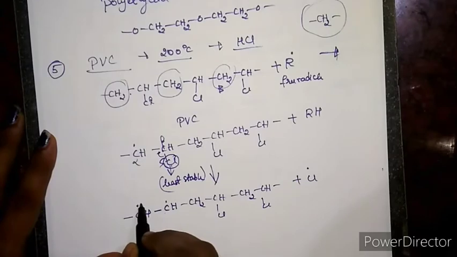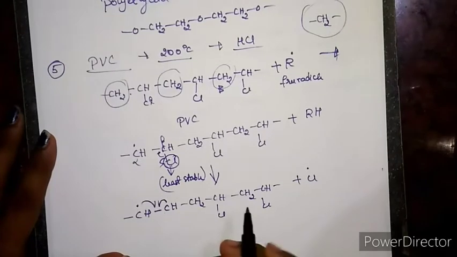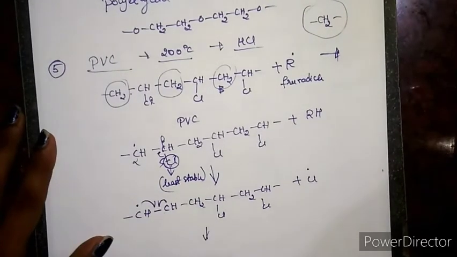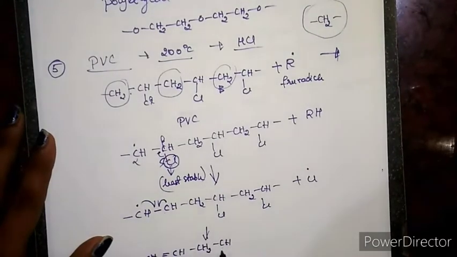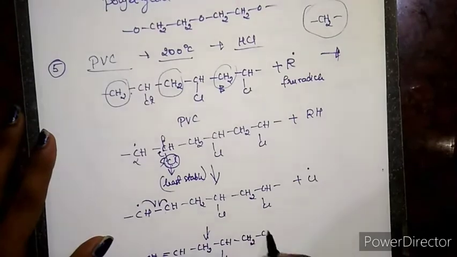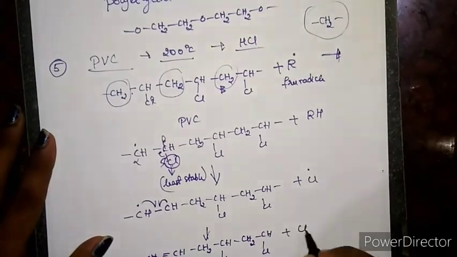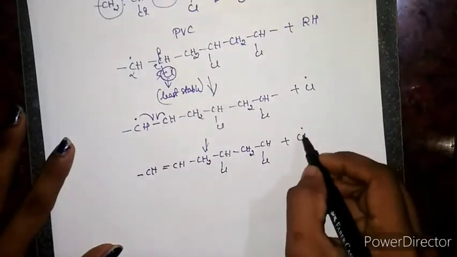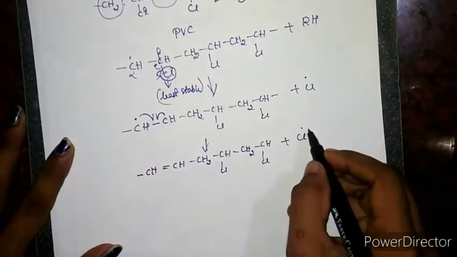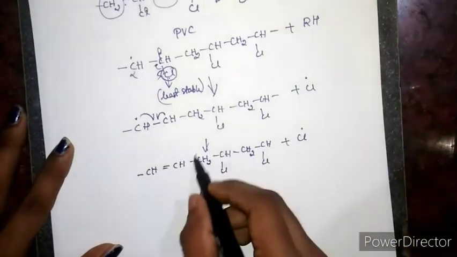Now what happened? This free radical and this free radical combine to give the double bond. CH, double bond CH, CH2, CH, Cl, CH2, CH, Cl and Cl dot. Now this Cl attacks any of the methylene groups.